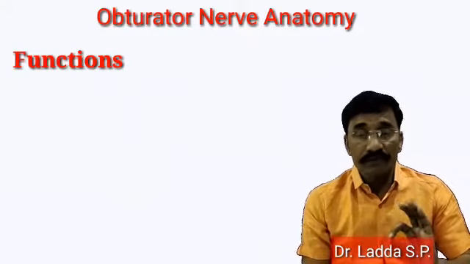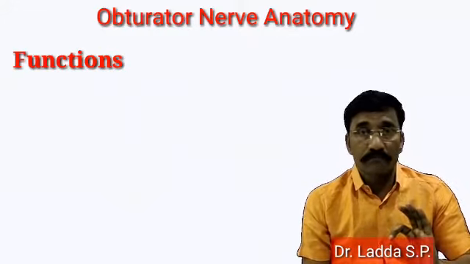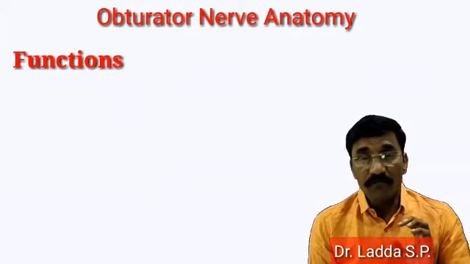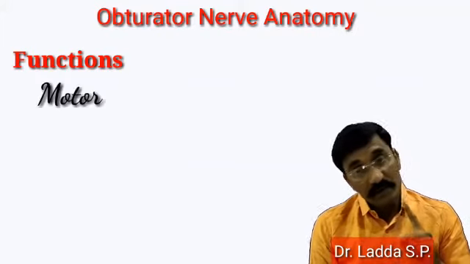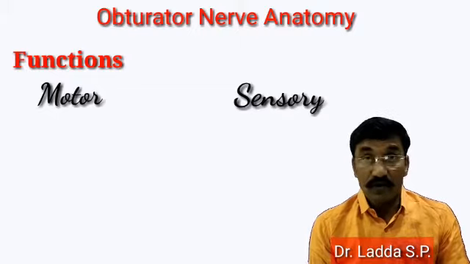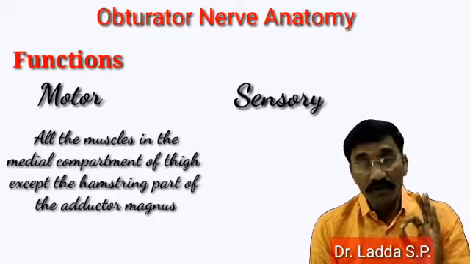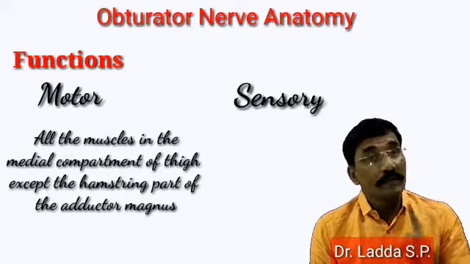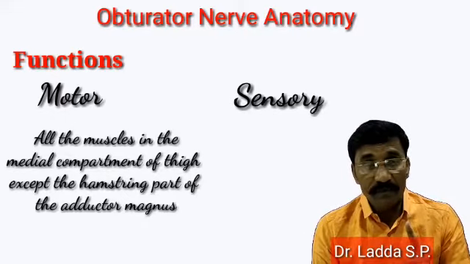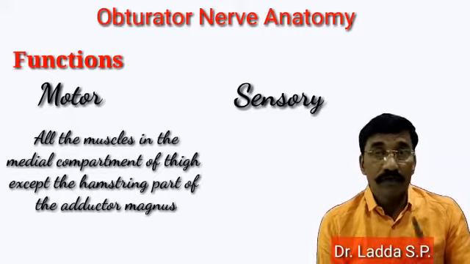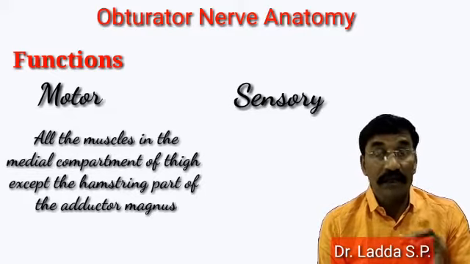Now about the functions of obturator nerve. The obturator nerve performs both motor and sensory functions. It completes its motor function by supplying all the muscles in the medial compartment of thigh except the hamstring part of adductor magnus muscle.